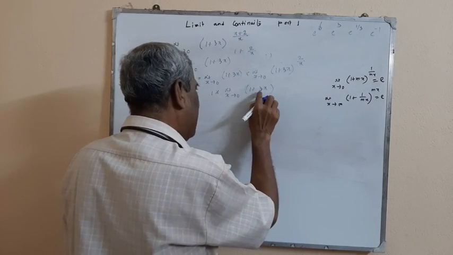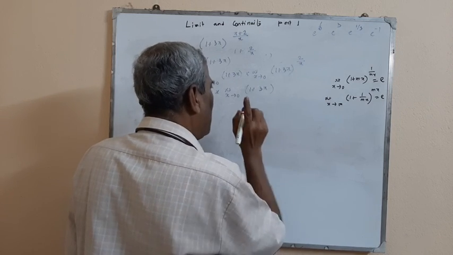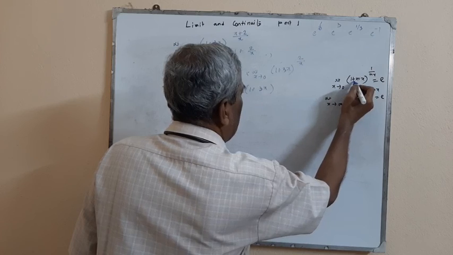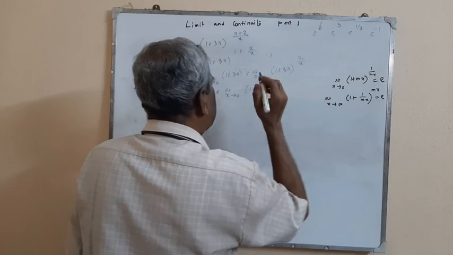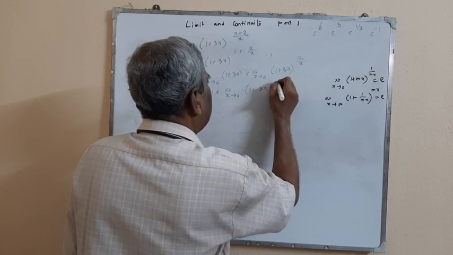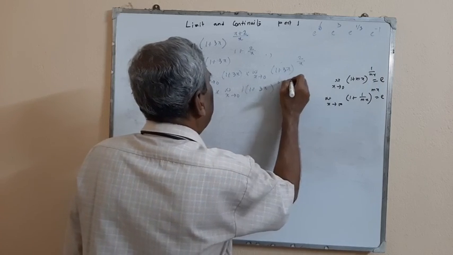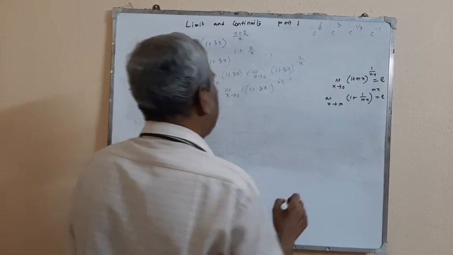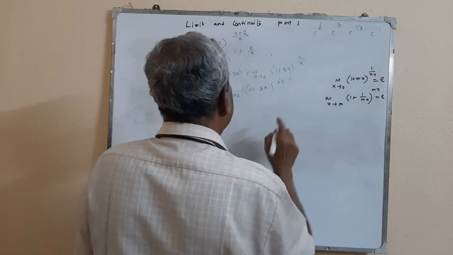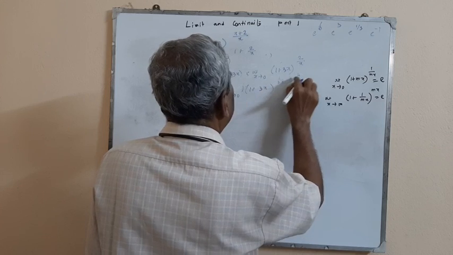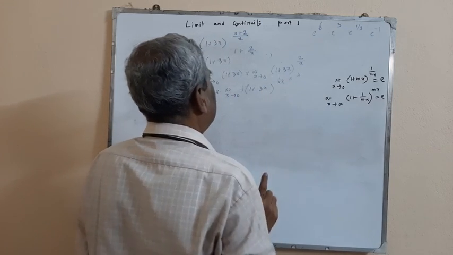Now 1 plus mx, if it is 1 plus mx, now of this type, x tends to 0, 1 plus mx to the power 1 by x. So I write it 3x. Now adjust. Actually it was 2 by x, so it is 6. If it is 6, this is 2 by x.